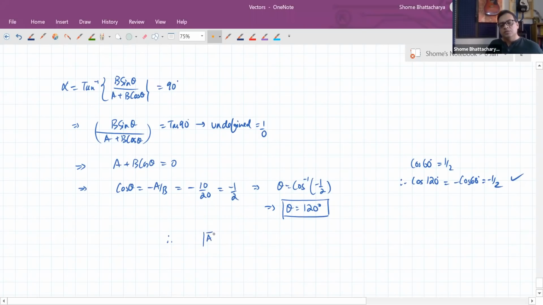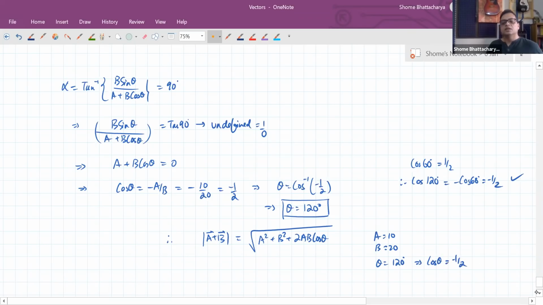Okay. And once we know theta is 120 degrees, therefore we also know that the magnitude of A plus B by the formula method will become, so here we'll substitute A as 10, B as 20, and theta as 120 degrees, or cos theta as minus half.